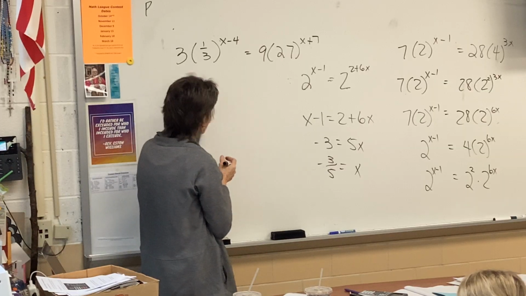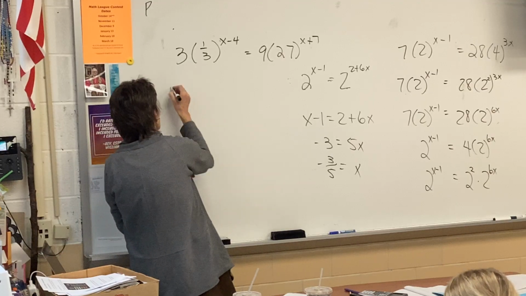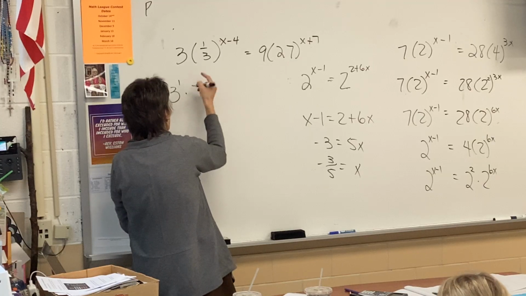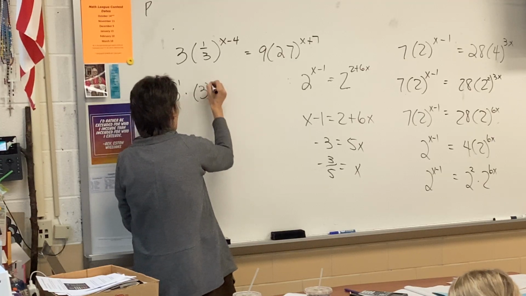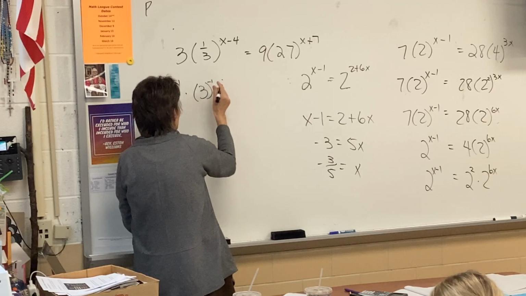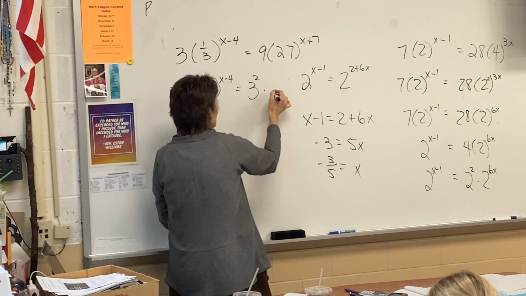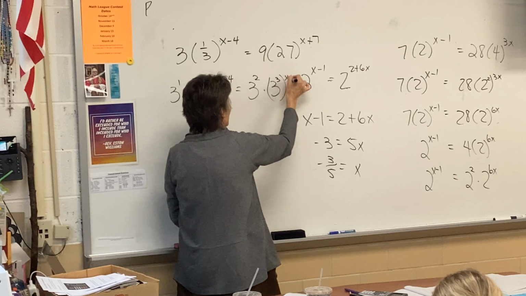And actually, every number in the problem has a base of 3, so I'll just make that 3 to the first times, now what am I gonna do with this? 3 to the negative first. And then 3 squared. And 3 cubed to the x plus 7.